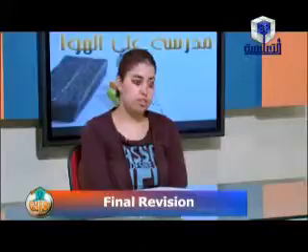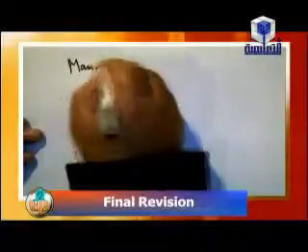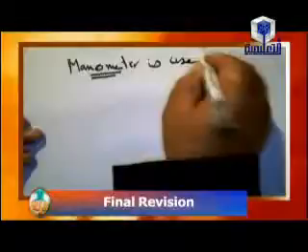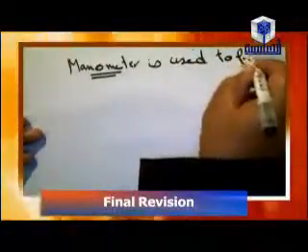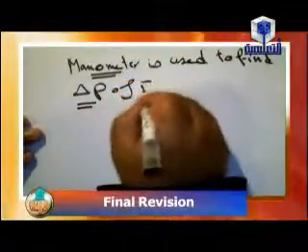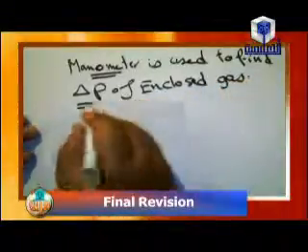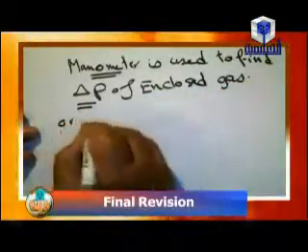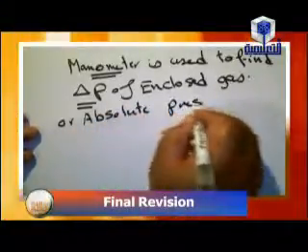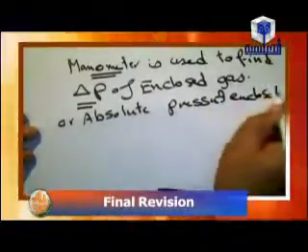Number 4, manometer. Manometer is a device used to find the pressure difference, or delta P, of enclosed gas, or the absolute pressure of enclosed gas.